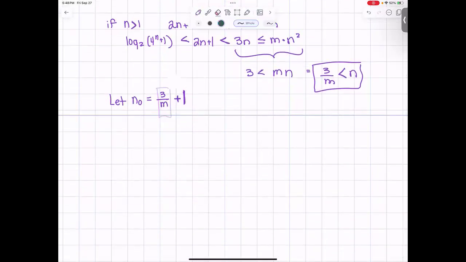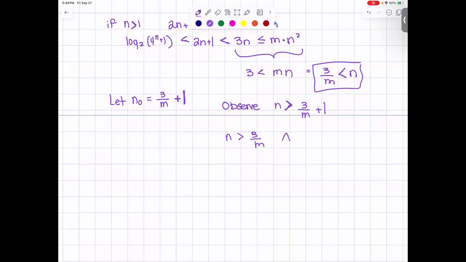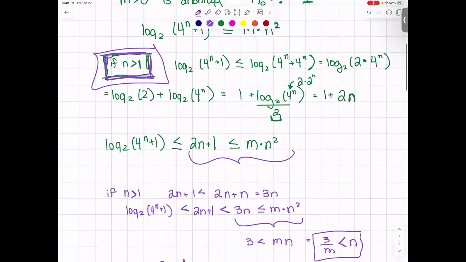This could be written with the max function, but it's not necessary, because if we let n naught equal 3 over m plus 1, then n is going to be strictly greater than 3 over m plus 1, which is n being strictly greater than 3 over m and n being strictly greater than 1, which are the two things that we needed based on the above rough work.